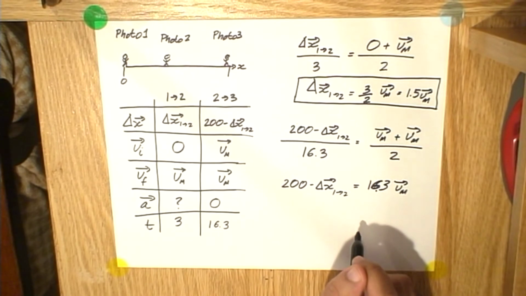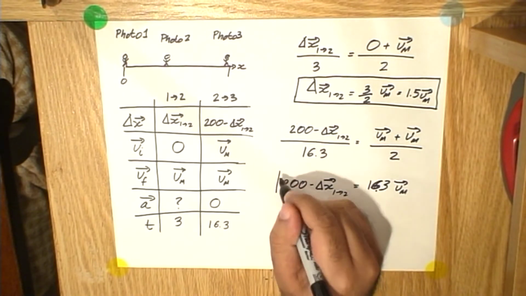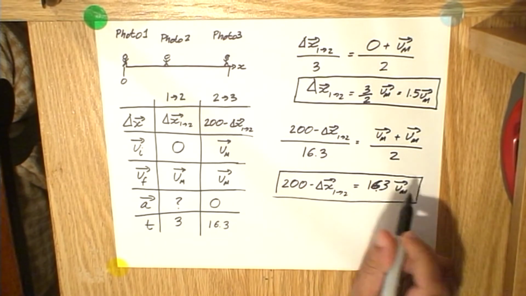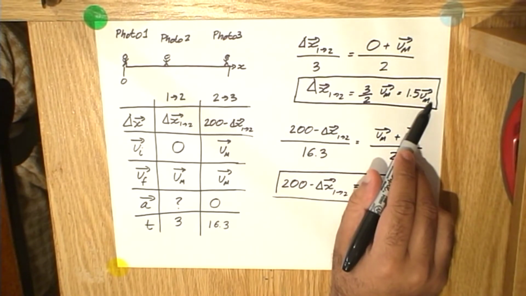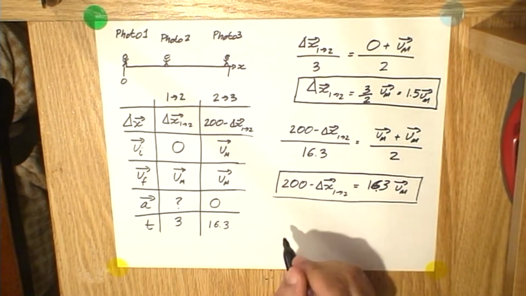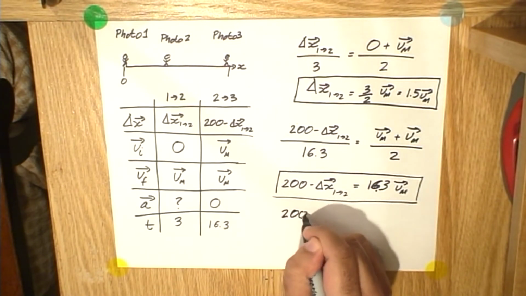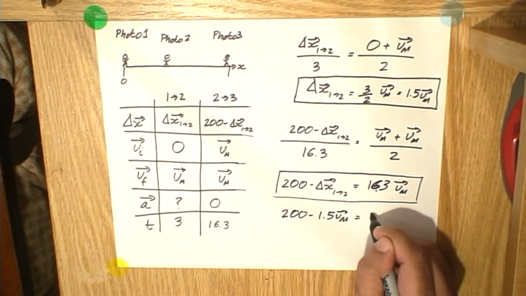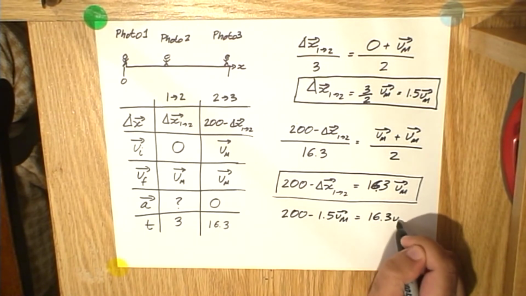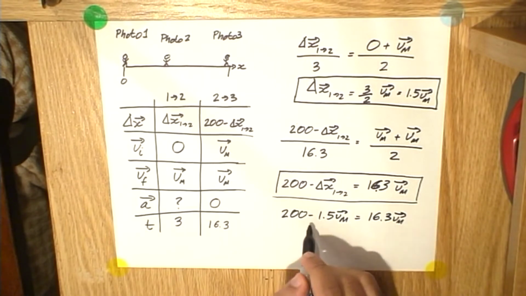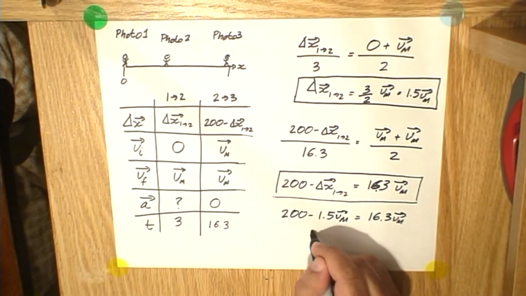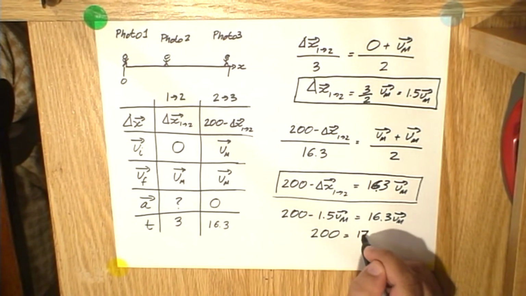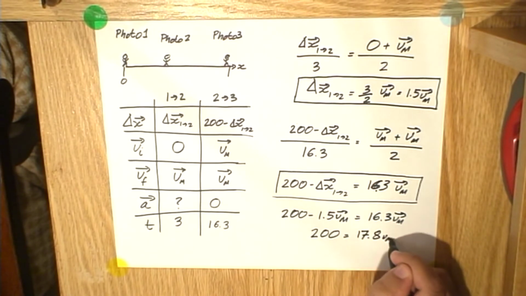Now, I happen to know from this first equation that delta x 1 to 2 is equal to 1.5 Vmax. So let me take this and plug it in over here. 200 minus 1.5 Vmax is equal to 16.3 Vmax. Now, add 1.5 to both sides. I get 200 is equal to 17.8 Vmax.